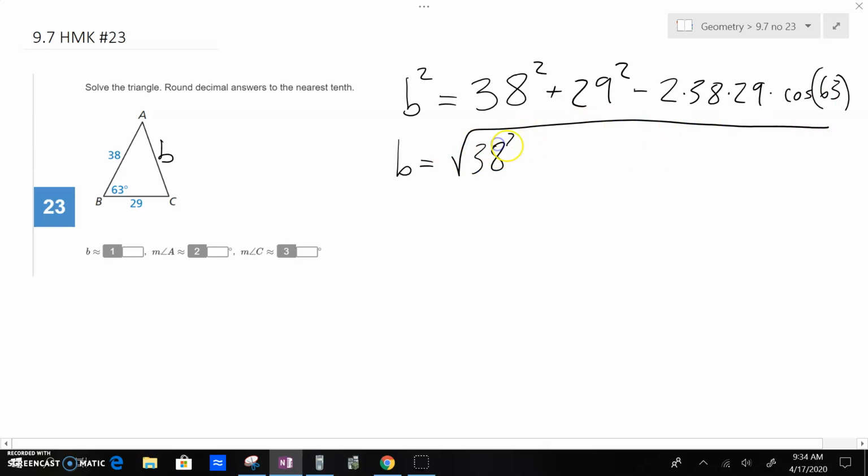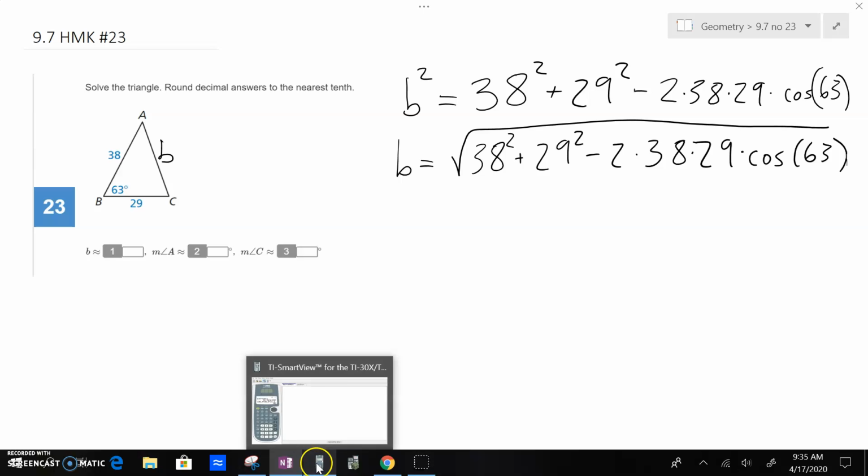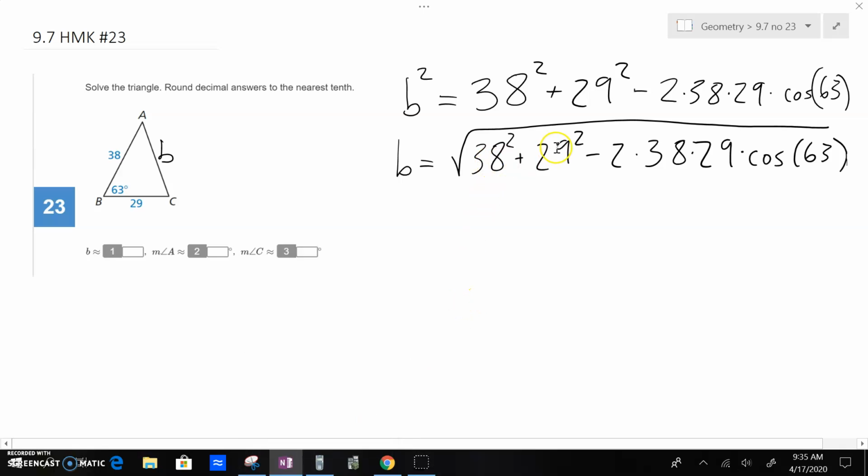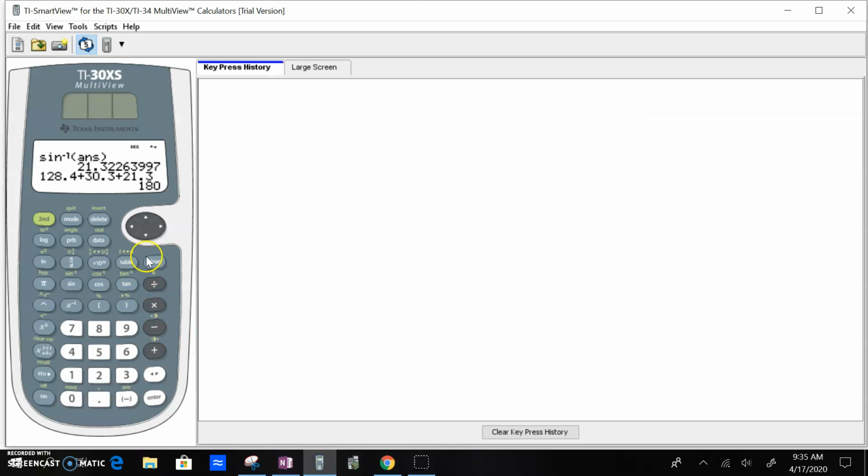The reason I'm writing it out this way is because I'm going to type that whole thing into the calculator. If I can remember it, I might have to check back to look at it. I'm just going to go over to my calculator screen and type in that whole thing. So 38, 29, and 63. Let's do that.